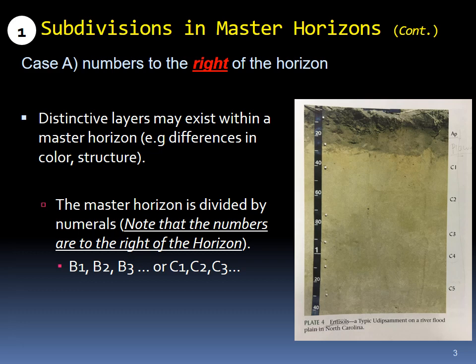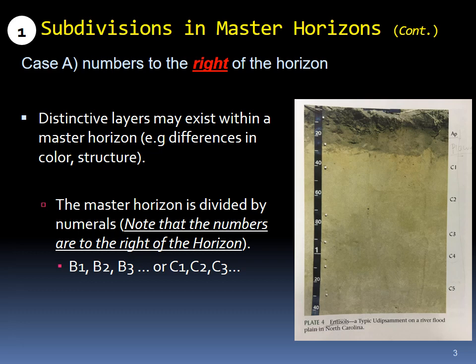Well, basically, in real life, you might have a horizon like the C here, but it basically has distinctive layers. Distinctive layers may exist within a master horizon like this.